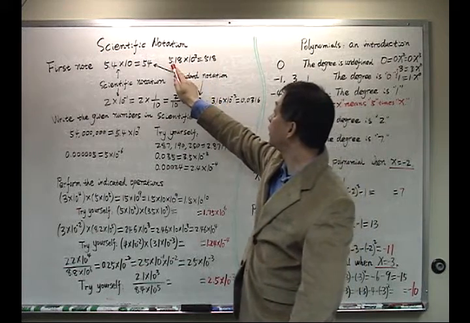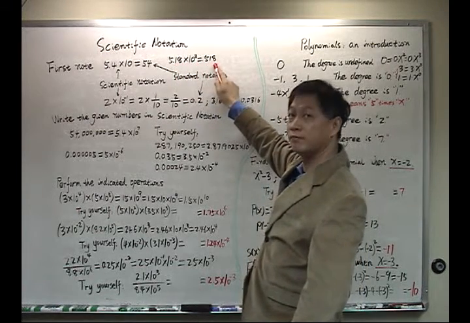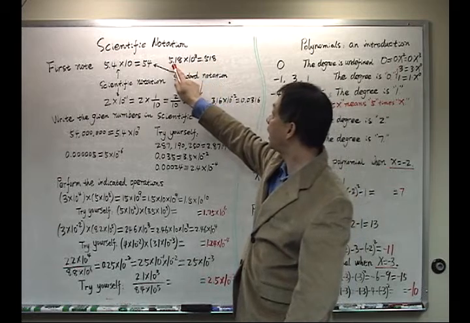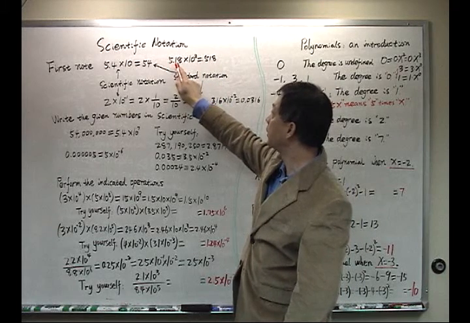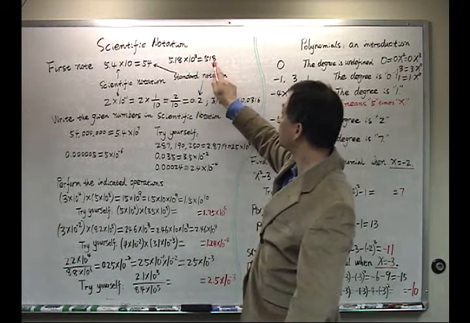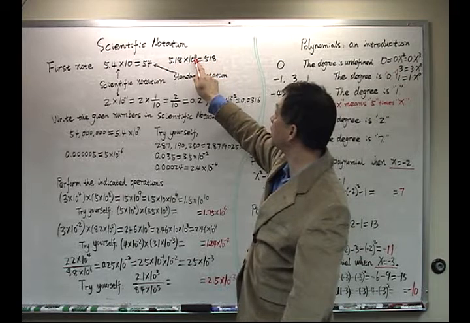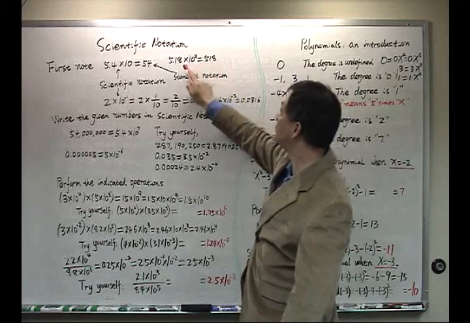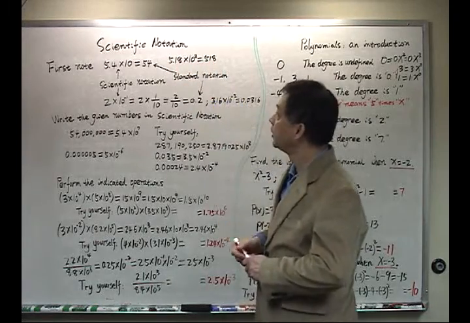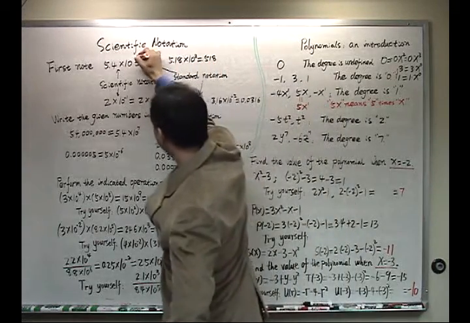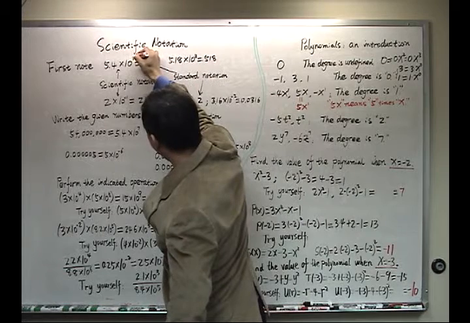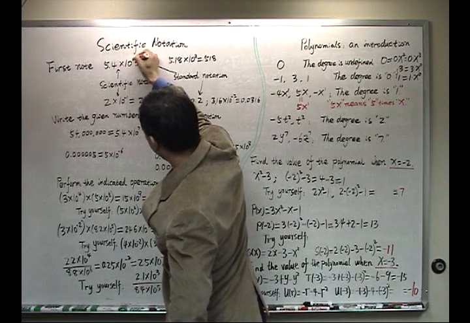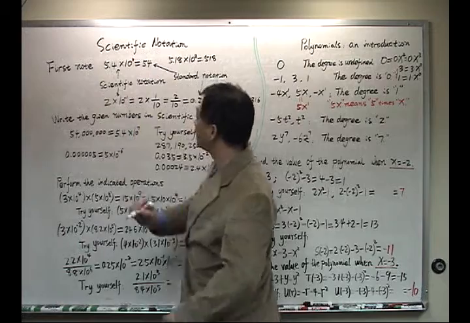So actually that's 518. So it looks like the decimal point moves 2 digits to the right. If the exponent on 10 is 2, then we have 2 digits to the right. If the exponent on 10 is 1, then it's 1 digit to the right.